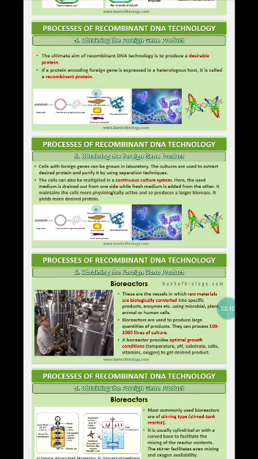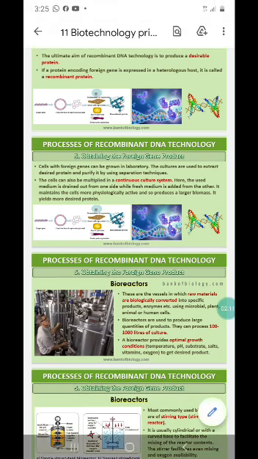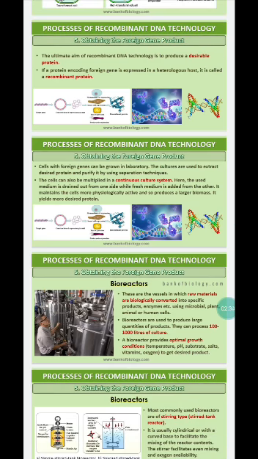Whereas if bacteria are allowed to grow in a lab condition, we get only a few milligrams of this same product. So to get continuous and large quantities of this recombinant protein, we use what is called a bioreactor.